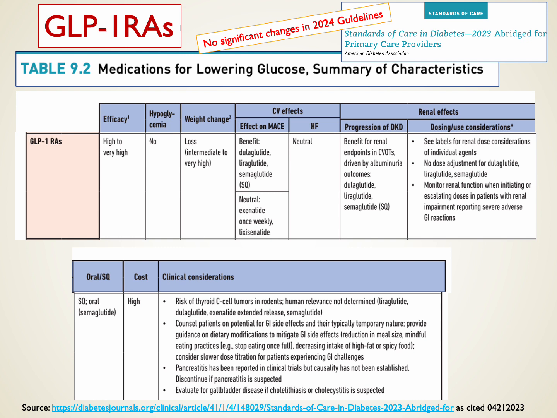So you want to think about all of these factors, both the cardiovascular risk and the renal risk, rendering these drugs really becoming first line. The downside is that they are subcutaneous and they're high in cost. And while there is an oral semaglutide available, its GI intolerance may render it more difficult to manage.